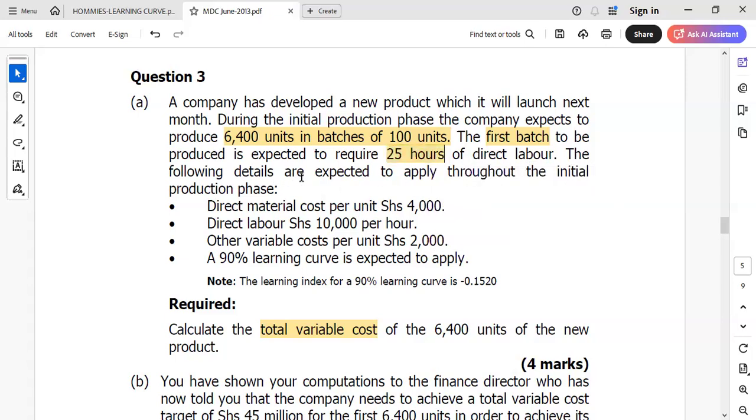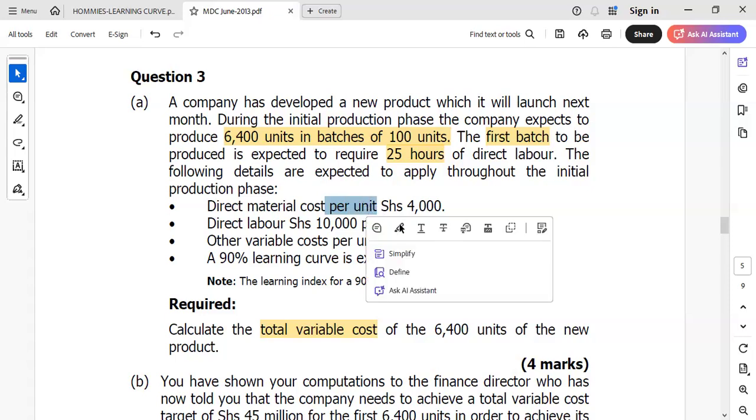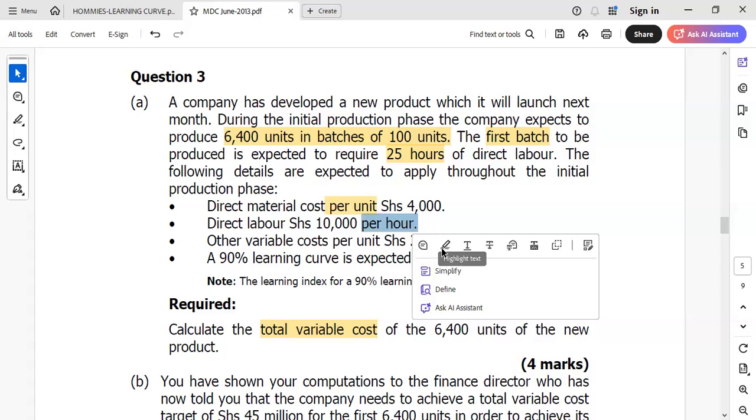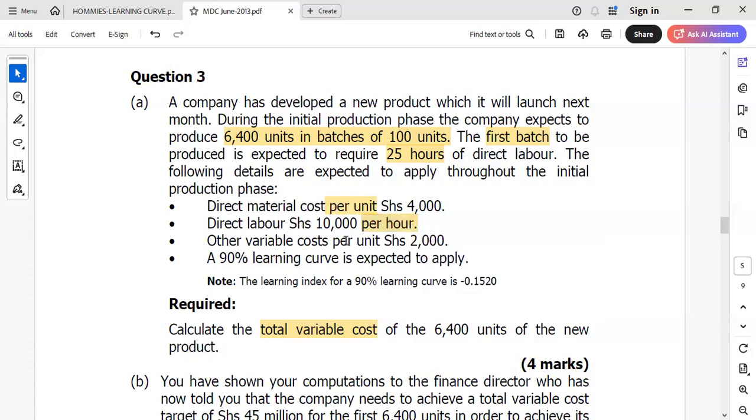The following details are expected to apply throughout the initial production phase. You have direct material cost per unit. You have direct labor shillings 10,000 per hour. You have other variable costs per unit.